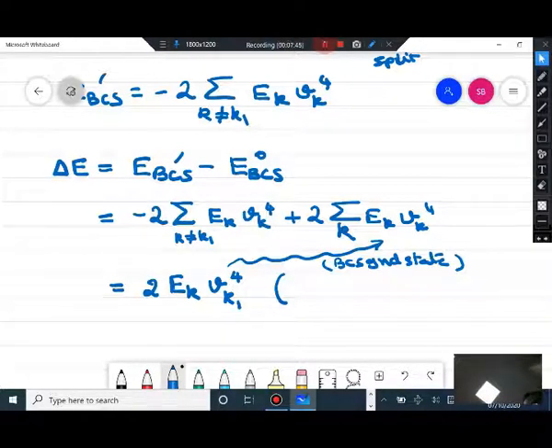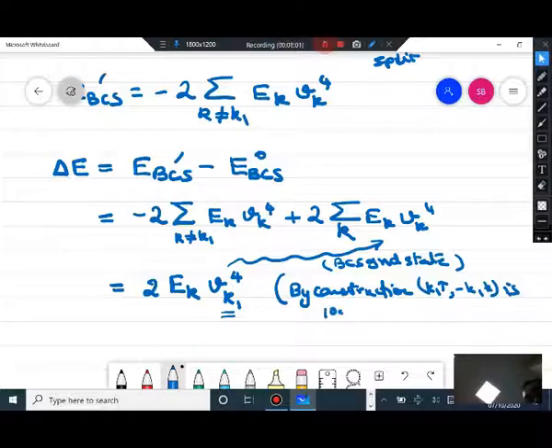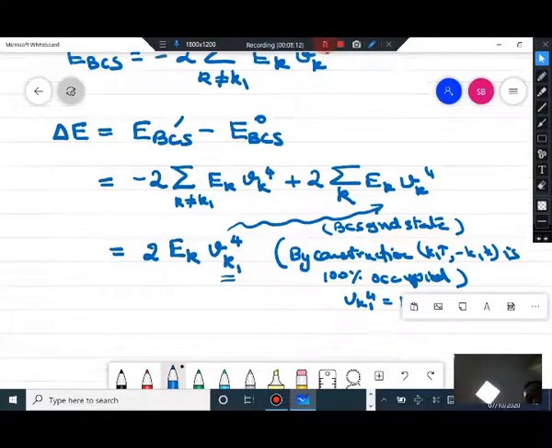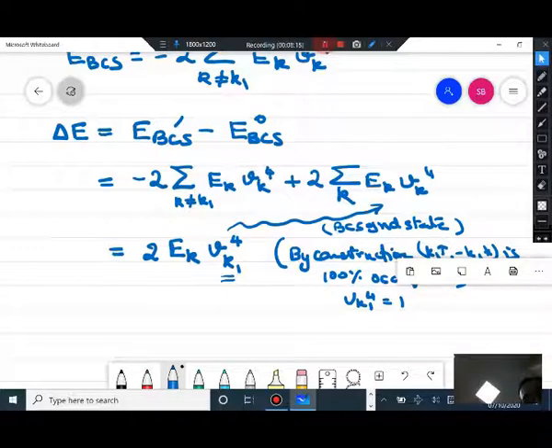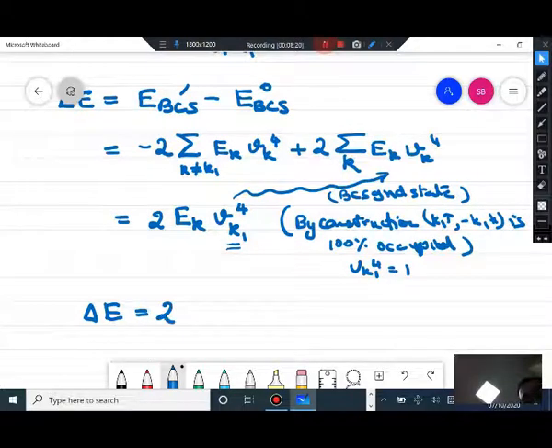You are getting this term from the BCS ground state, where by construction, since k1 up minus k1 down is 100% occupied, therefore Vk1 raised to 4 is equal to 1. We have already done this with construction, that in the BCS ground state this was already 1. So the first excited state is sitting at twice Ek.